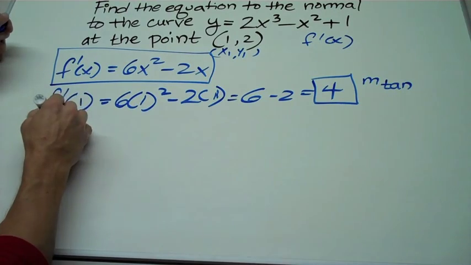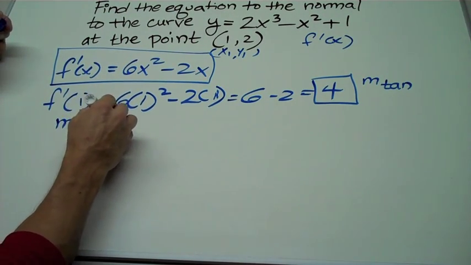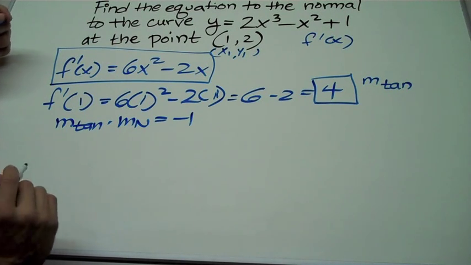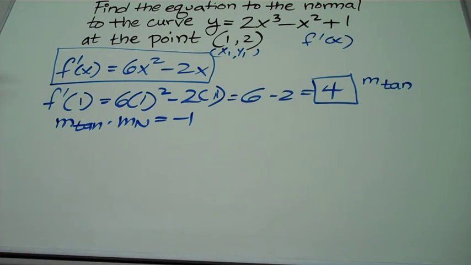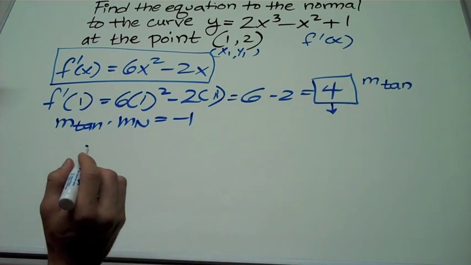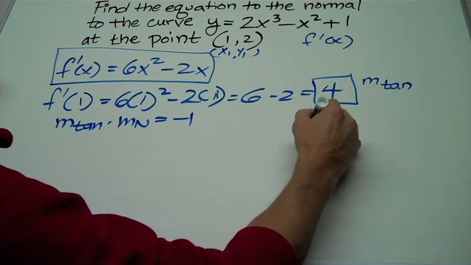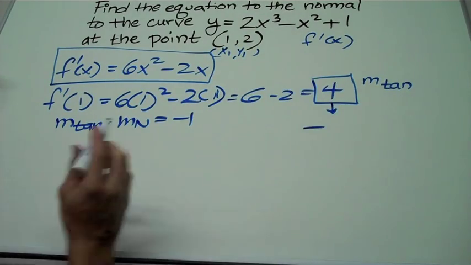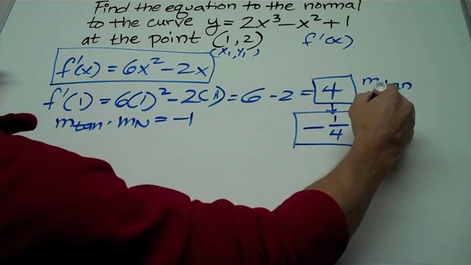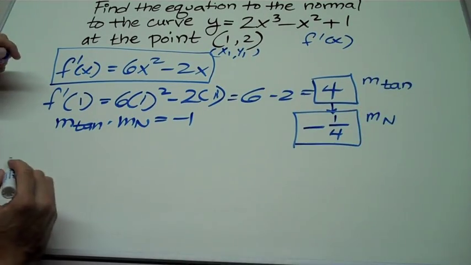And we know that m tangent times m normal is equal to -1. Which really essentially means that the slope of the normal and the slope of the tangent are opposite reciprocals. Well, what's the opposite reciprocal of 4? Well, opposite would be negative, and if this is 4 over 1, this will go to 1 over 4. So this is my m normal.